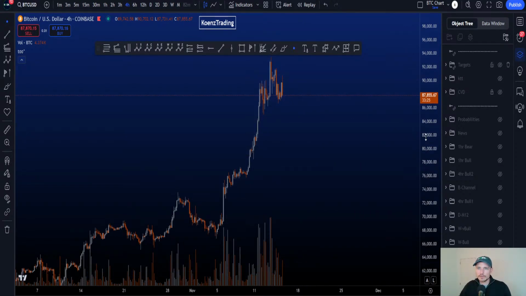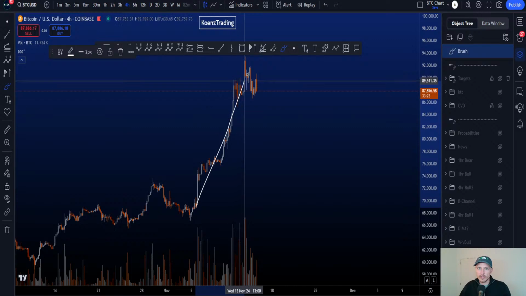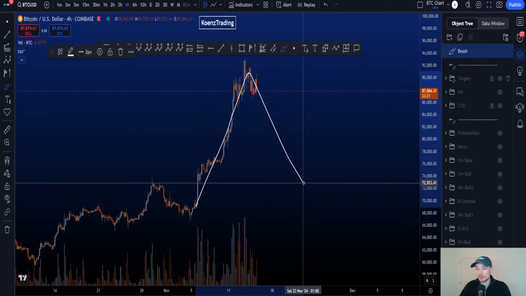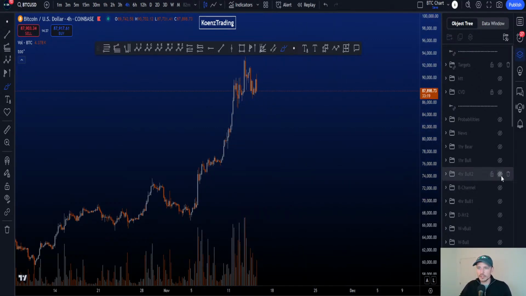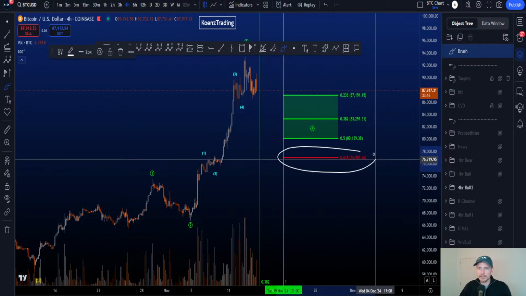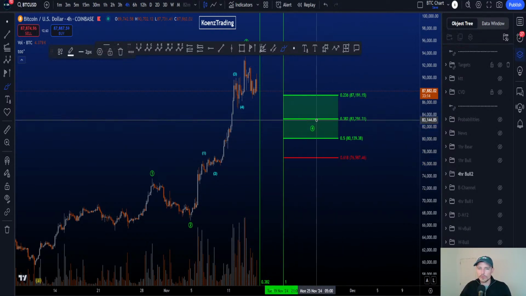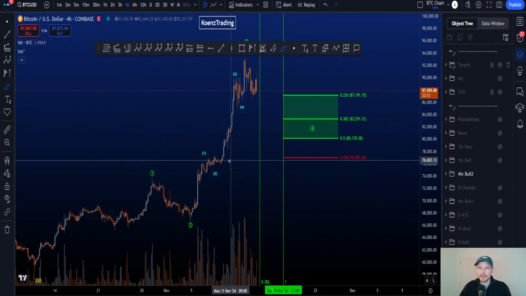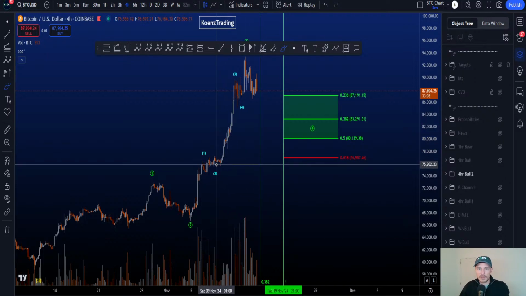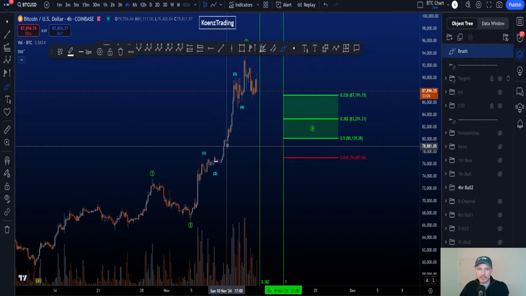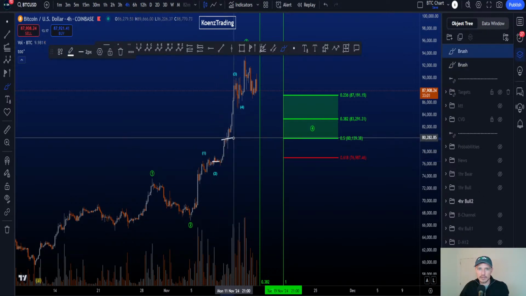If you go down that far, you would need to count this as another 1, 2 to stay bullish, and then continuation up, because 77K is an invalidation of wave 4. So yeah, you could hit the gap because there's a CME gap somewhere here. You could hit the gap, but you got to be aware you don't drop too deep. So we can start it here and the weekend ended somewhere here.